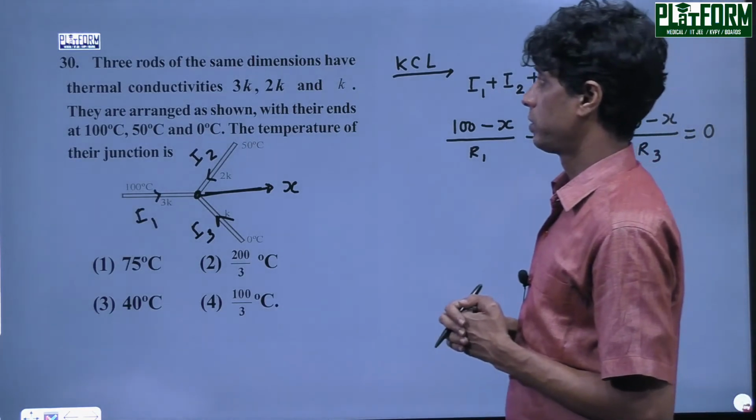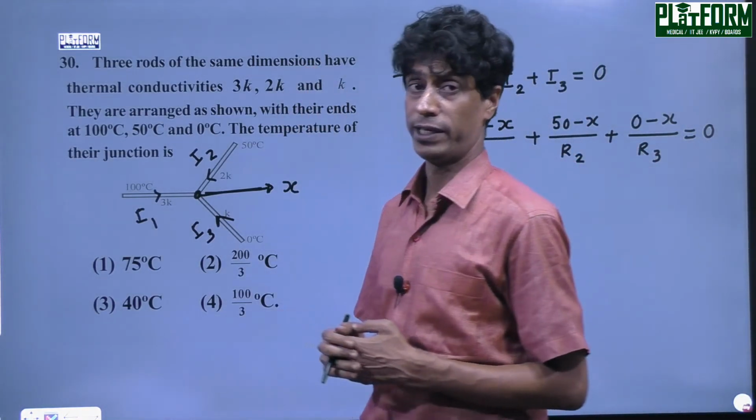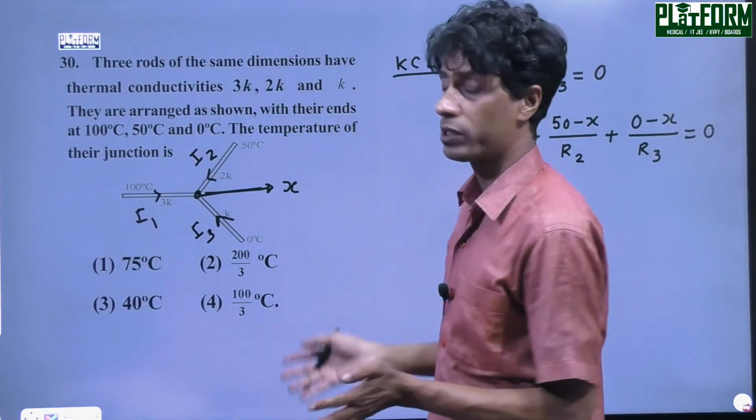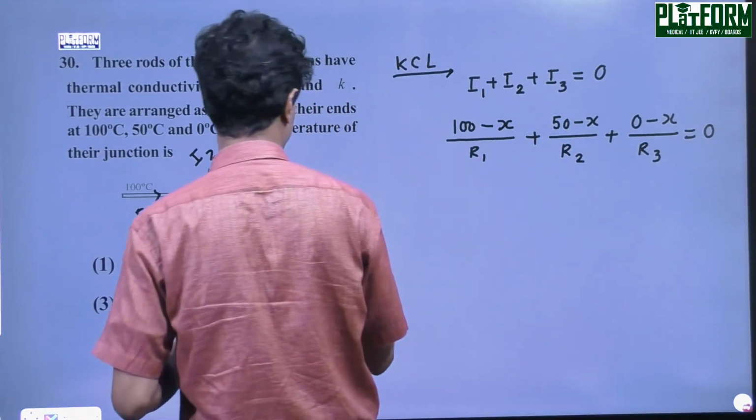Three rods of the same dimension, that is, the length and cross section of all rods are equal.